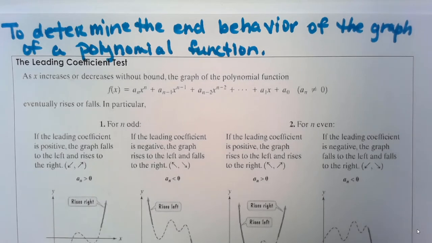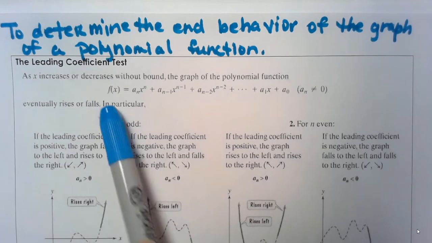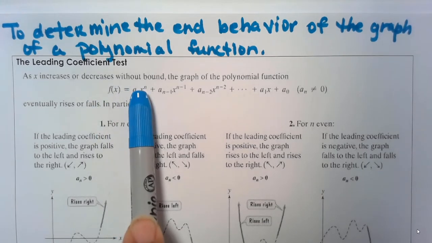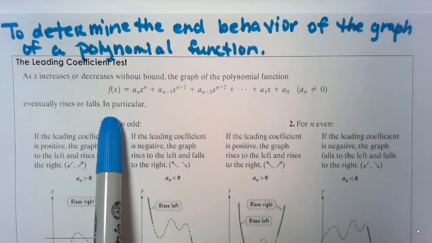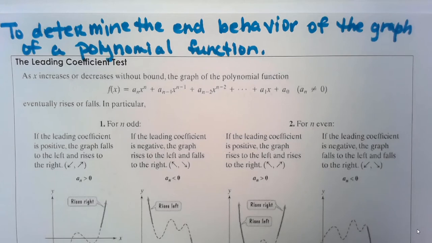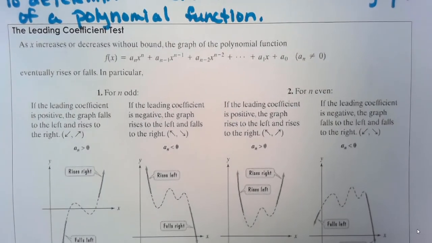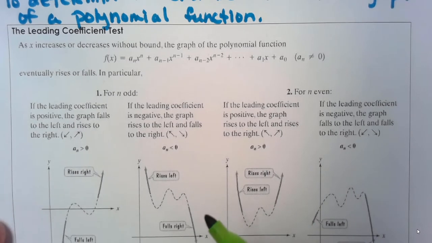polynomial function. So it says here, as x increases or decreases without bound, the graph of the polynomial function eventually rises or falls. So how we would use the leading coefficient test is we're going to look at the first term of that polynomial function.